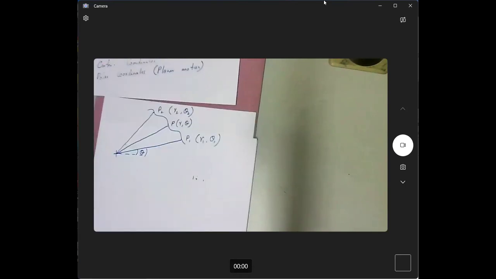So how can I define a vector quantity for this particular case? So we have the path. In the path, we have point P given by r and theta. Here is my origin. Now the problem is how to define the position of point P as a vector.